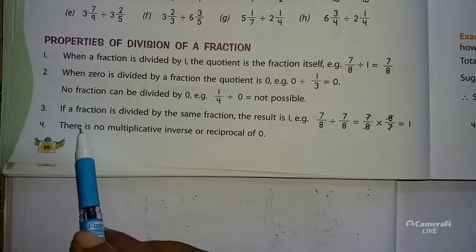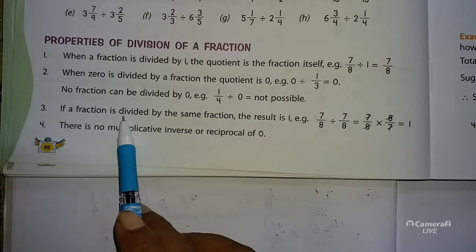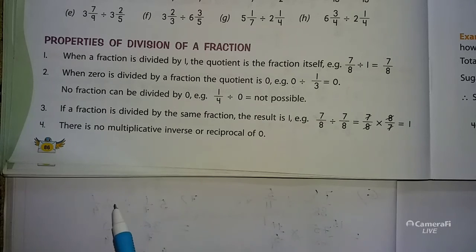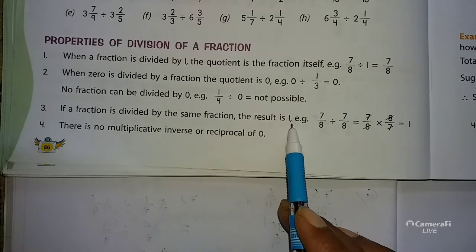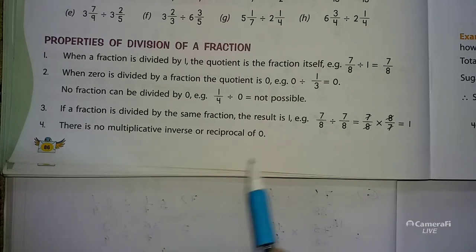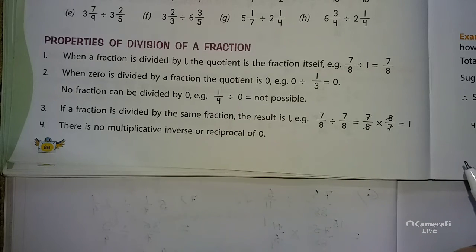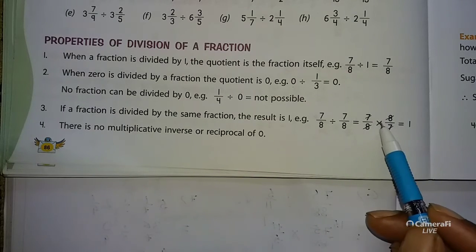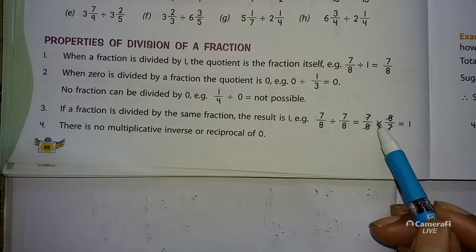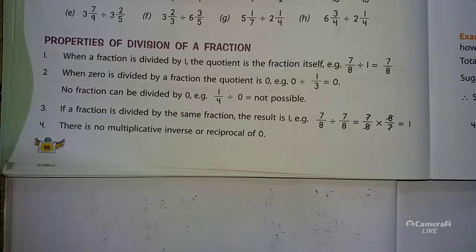Number 3, if a fraction is divided by the same fraction, the result is 1. Suppose we are dividing 7 by 8 by the same fraction 7 by 8. Then what will be the result? Let us convert it into multiplication. 7 by 8 multiply 8 by 7. Calculating, we get 1.